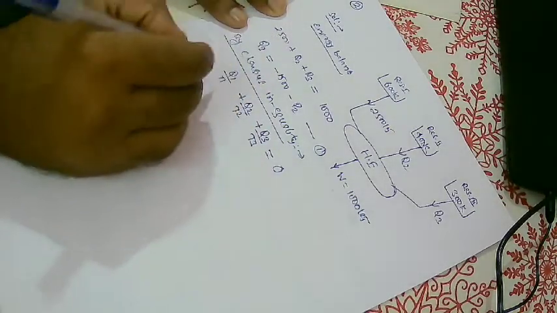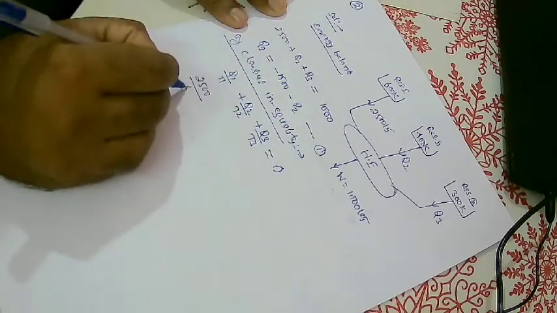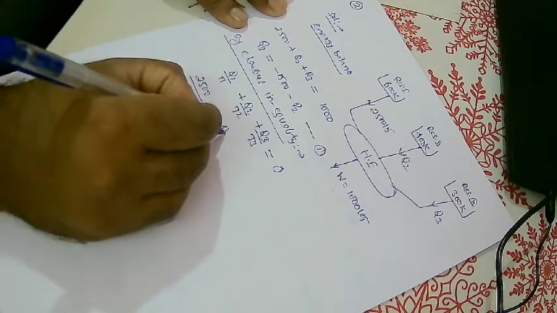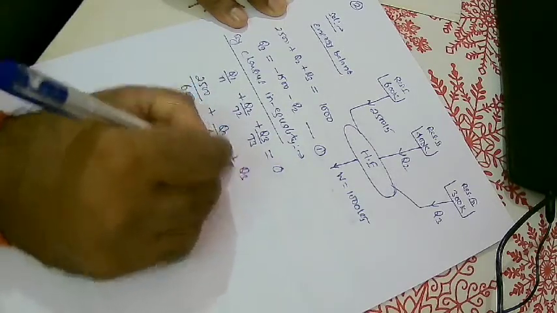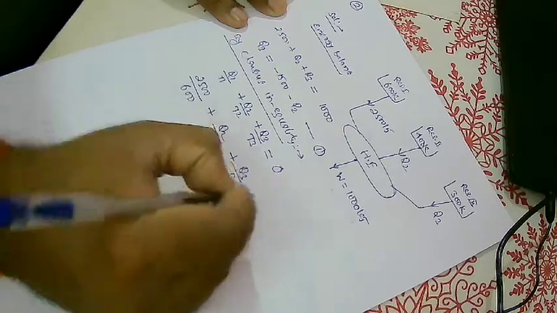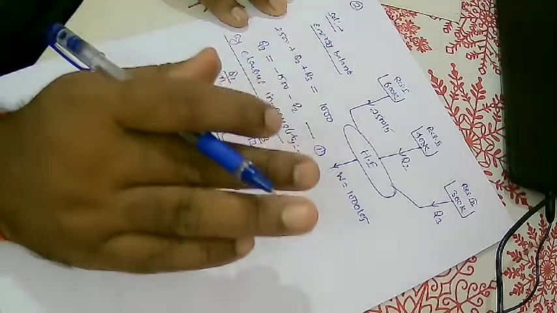Q1 is given, 2500 divided by T1, which is given as 600. Q2 and Q3 I do not know, so I will just put Q2 divided by 400 plus Q3 divided by 300 which is equal to 0, and we are assuming that the cycle is reversible, which is already given.